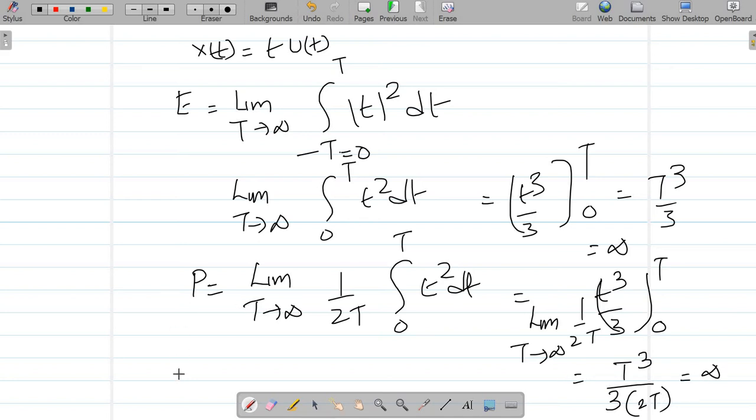So power is infinity, and the energy is also infinity, which means this signal is neither energy nor power.